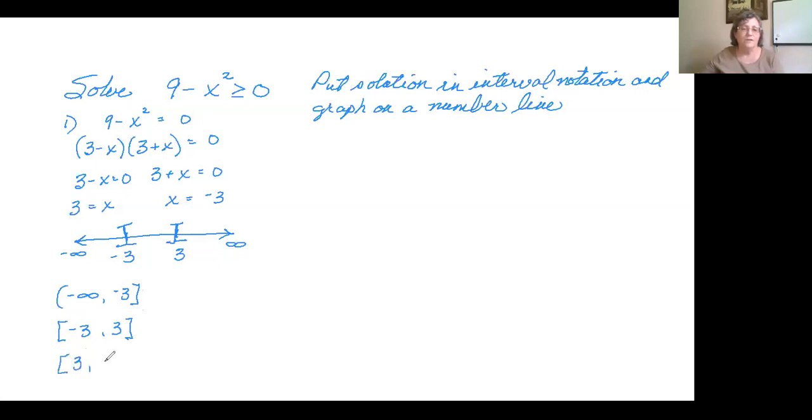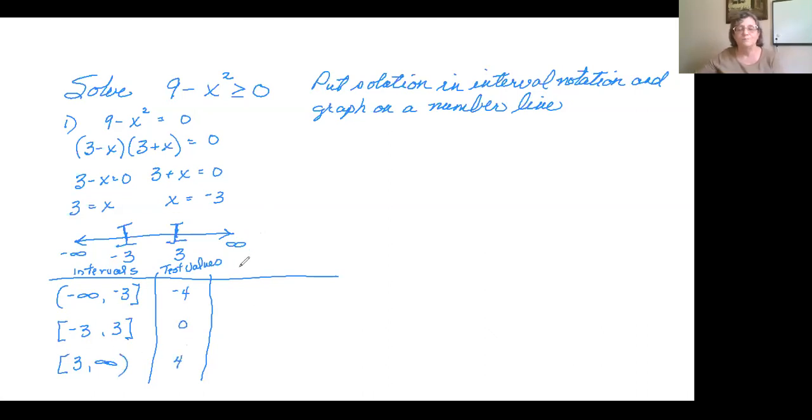Positive 3 to infinity. That's my intervals. My test values: I can use negative 4, I can use 0, I can use positive 4.